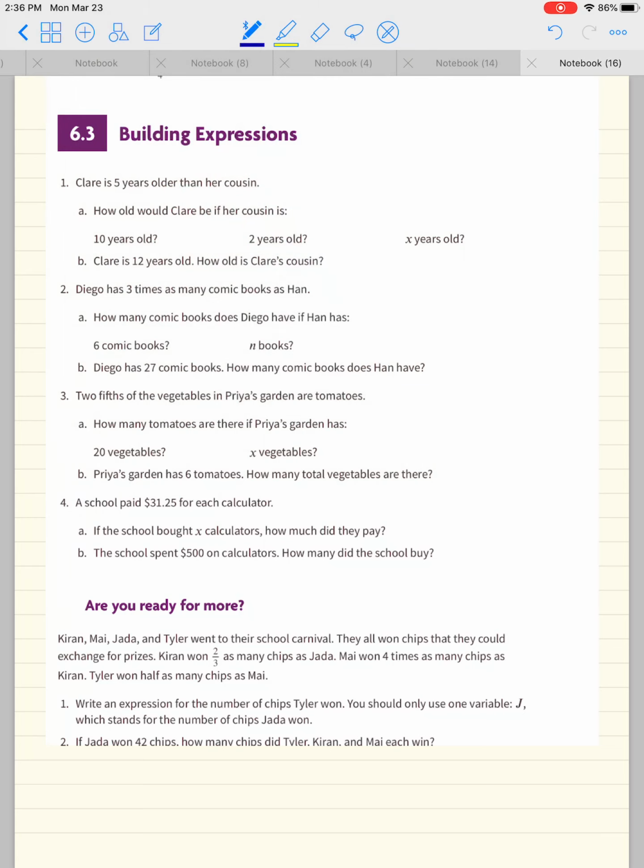So Diego has 3 times as many comic books as Han. Okay, so what that is actually saying is that Han times 3 is equal to Diego. I'm sorry if I confused you. So whatever amount Han has times 3 is the amount that Diego has.